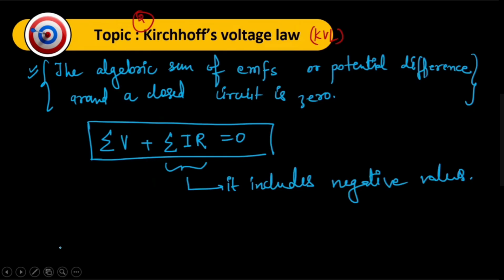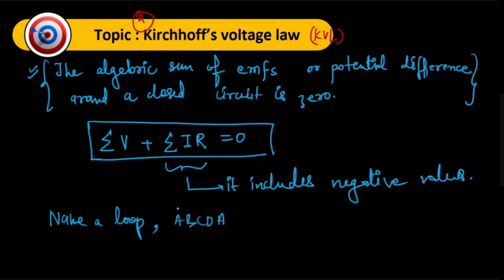Although the basic thing you can remember is, when we are writing the equation in the circuit, we must name a loop, for which loop we are actually writing the equation. The loop is generally named A, B, C, D, A. What does it mean?